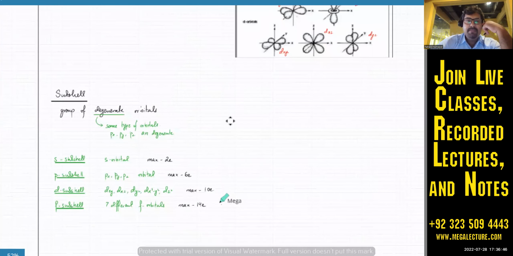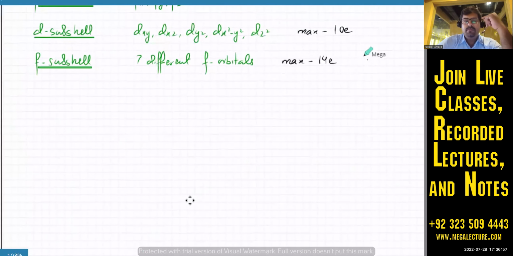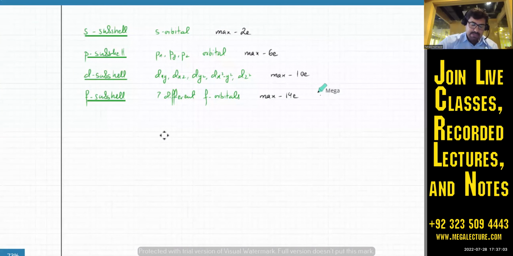Now coming to the main question: how do you write the electronic configuration? We figured out that electrons exist in orbitals. Let me show you what an atom would look like. Let's say I've got a sodium atom. The sodium atom has 11 electrons, right?